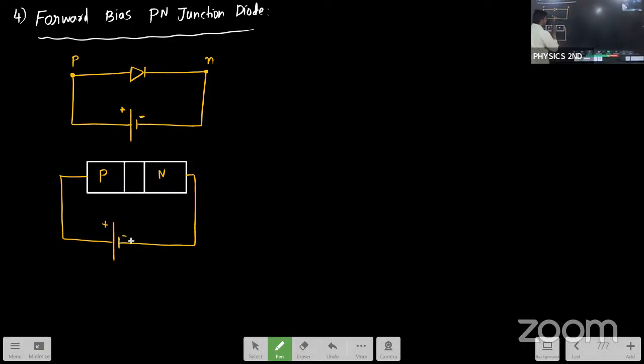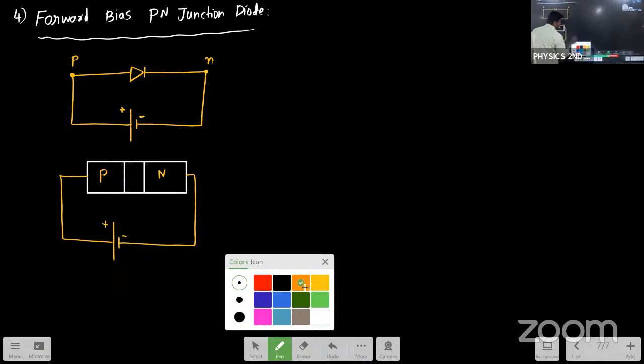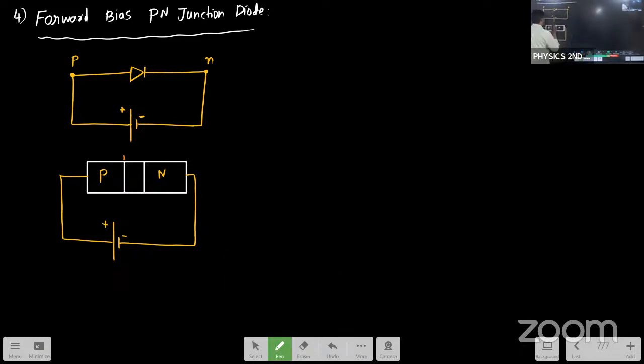Now this region, which we have already discussed, is called the depletion region. So in case of forward bias, what will happen to the width of the depletion region? Whether it decreases or it will increase, let us understand.